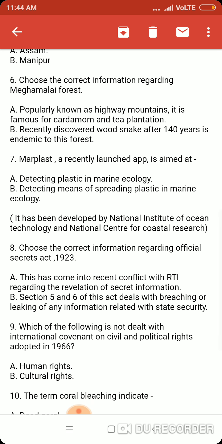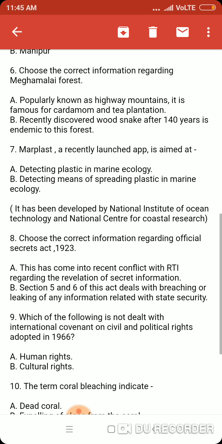Question 6. Choose the correct information regarding Meghamalai forest. Meghamalai forest recently came into the news because a very important discovery has been made regarding the wood snake. This snake has been found after 140 years.